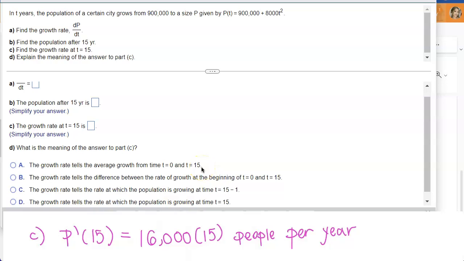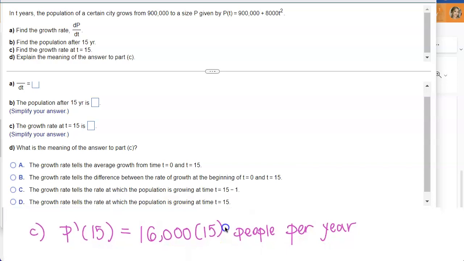We're talking about at that moment, 15. The growth rate tells the rate at which the population is growing at T equals 15. Remember, the derivative is the slope of a tangent line at that single point. So I would go with D in this case, not from looking at 0 to 15, not from looking at 14 to 15. I would just say this is the growth rate at time equals 15.